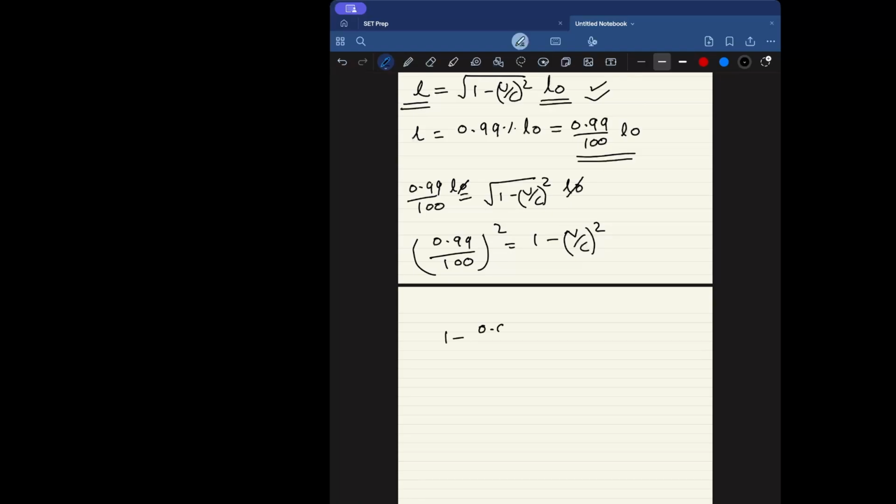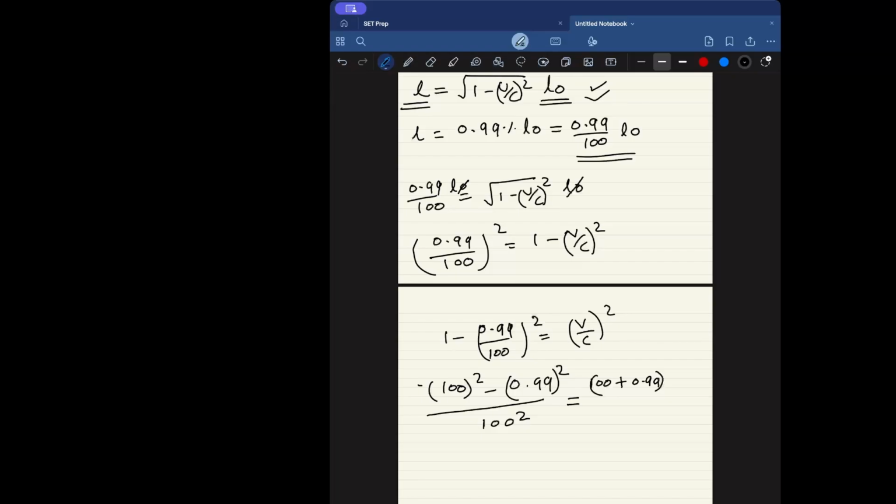1 minus (0.99 by 100) square equal to (v/c) square. This is equal to (100 square minus 0.99 square) by 100 square, or this is equal to (100 plus 0.99) into (100 minus 0.99) all divided by 100 square.